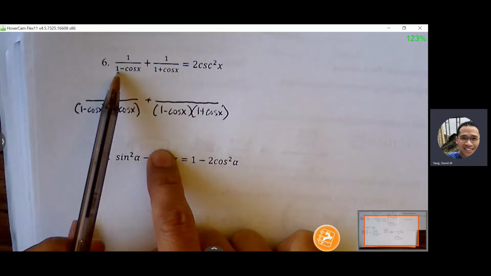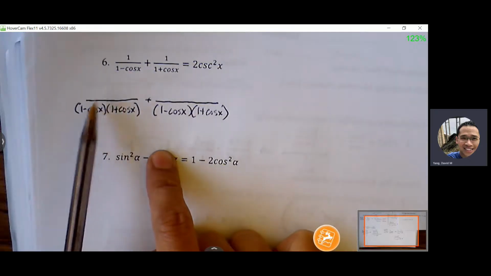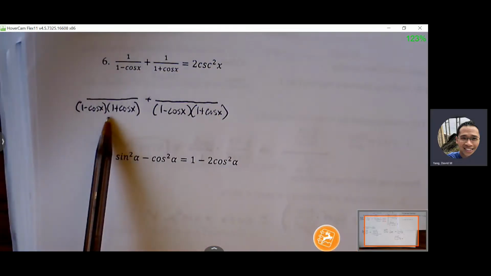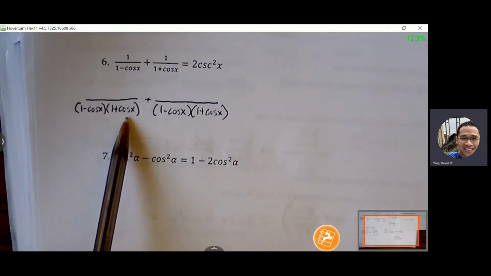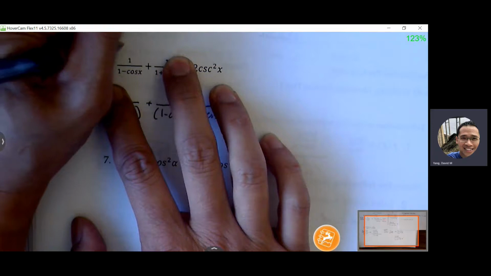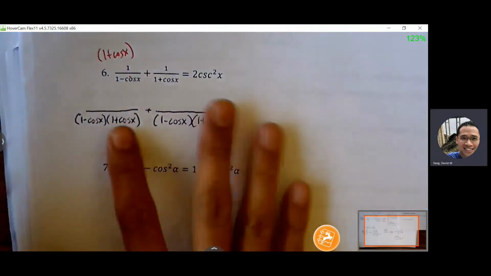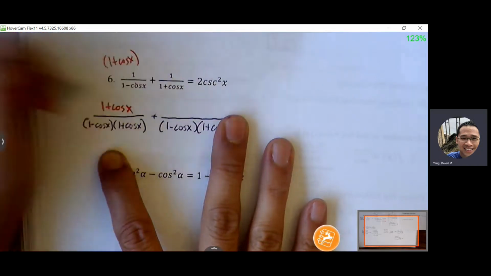Anything change between the old first denominator and the new denominator? What am I missing here? 1 plus cosine x, right? Okay, so I need to balance the numerator with a 1 plus cosine of x. If I multiply that times 1, then I'm still left with just 1 plus cosine of x.